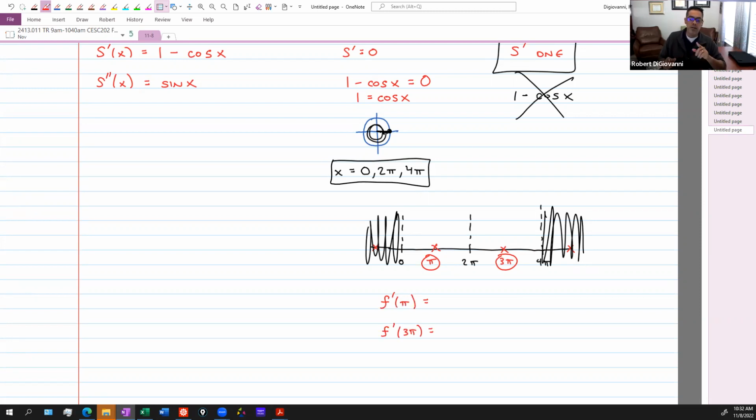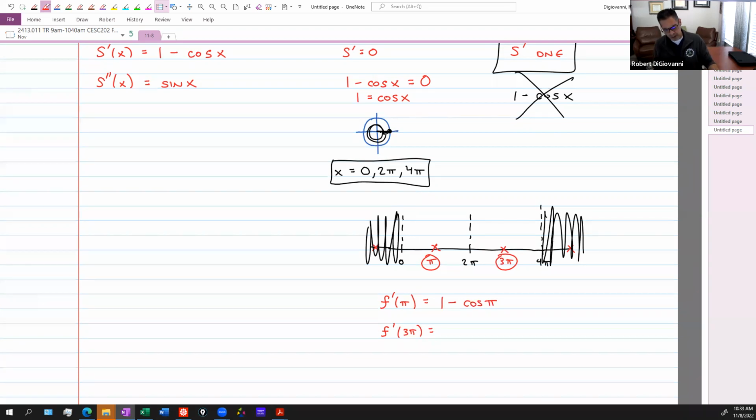The only time we plug into the original function is if we're doing the closed interval method, 4.1, or we're actually finding the local maxes and mins or inflection points. All test points go into derivatives, either the first or the second. Say it again. All test points go into derivatives. All right, so I'm plugging into the first derivative. This means 1 minus cosine of pi, right?